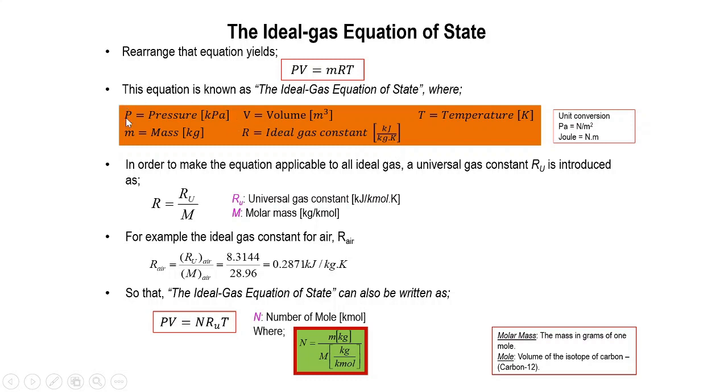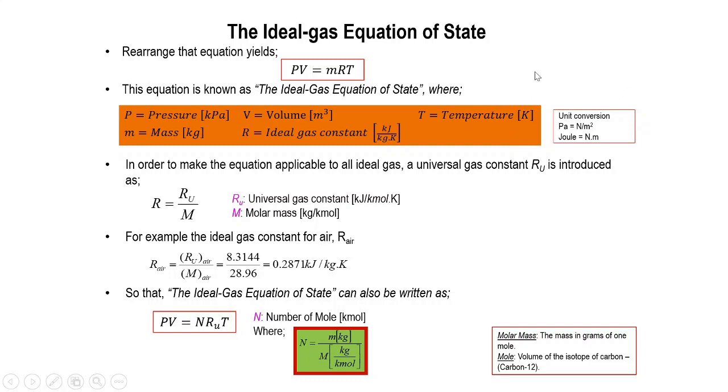If you have any other units, for example pressure in bar, you need to convert it first to kPa. Same with temperature: if you have a problem with temperature in degrees Celsius, you need to convert to Kelvin first.